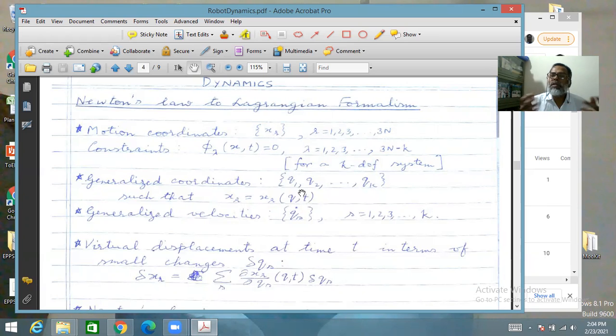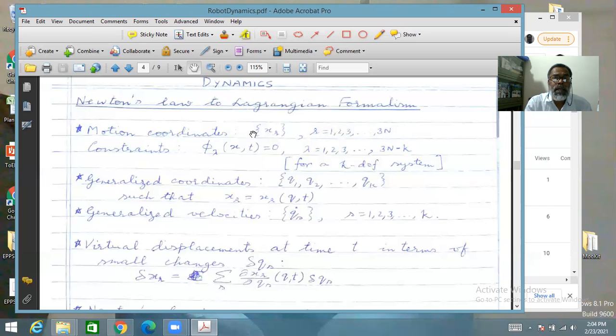So all those millions of particles of all those bodies, suppose there are capital N of those particles, a very large number. Okay. Each of those particles can move in three directions, say X, Y, and Z. So there are 3 times N motion coordinates of all these particles.